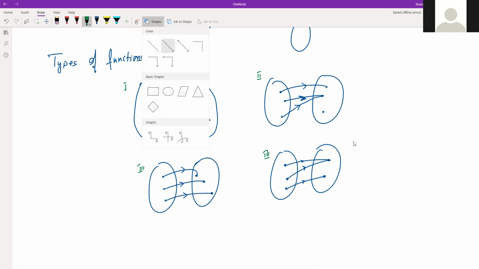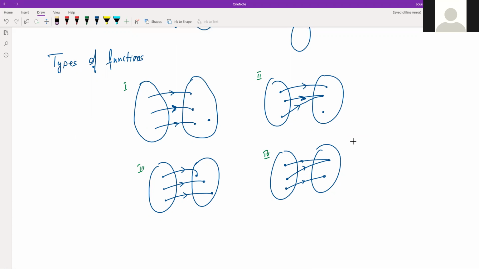So here, this is actually divided into four different categories. If we see the division, in the top two functions there is one similarity. So we'll first see the similarity. There is an element left here in the codomain, right?